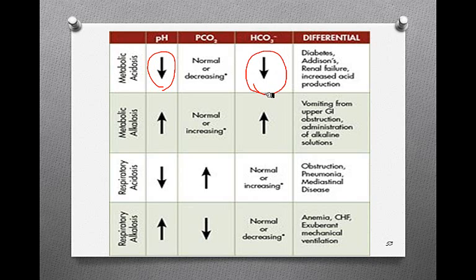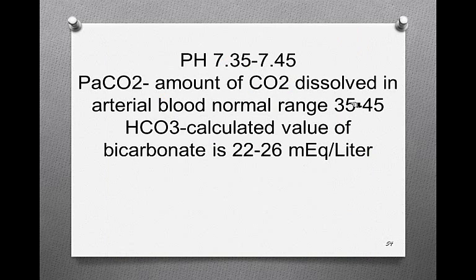Bicarb goes down. We'll go back to this slide after we've talked about it a little more. Our normal pH is 7.35 to 7.45. And you have PaCO2, which is the amount of CO2 dissolved in the arterial blood at any given time.